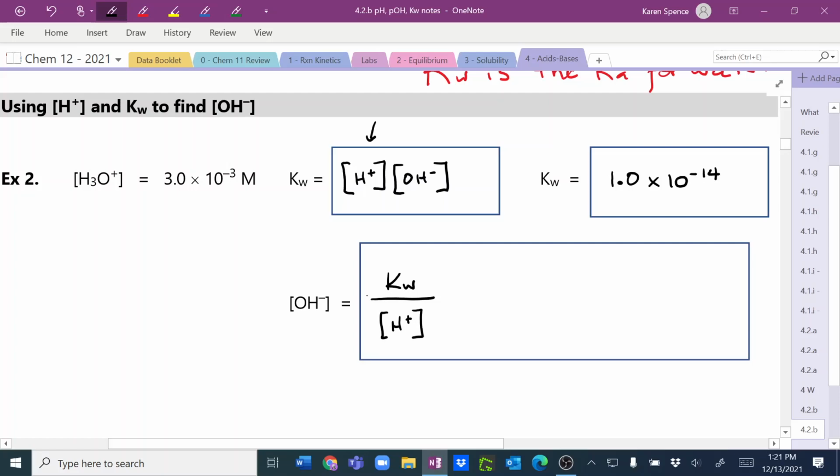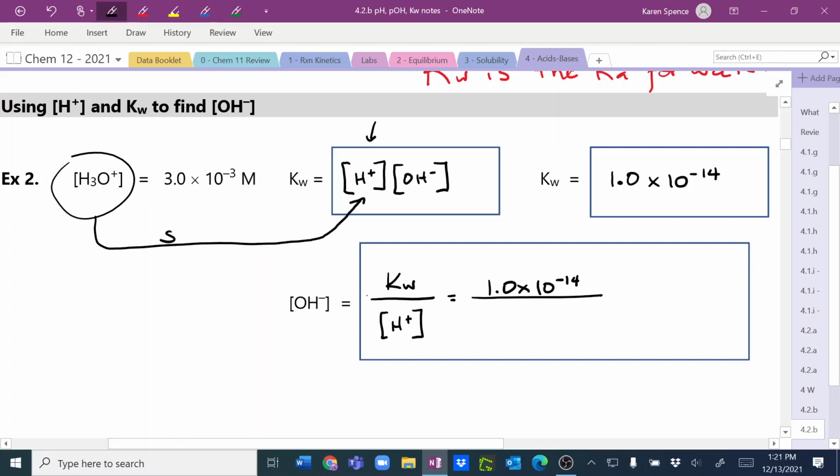And once you have that, KW is a known value. It is 1.0 times 10 to the negative 14. And we know that the hydronium ion is the same as the hydrogen ion, okay?